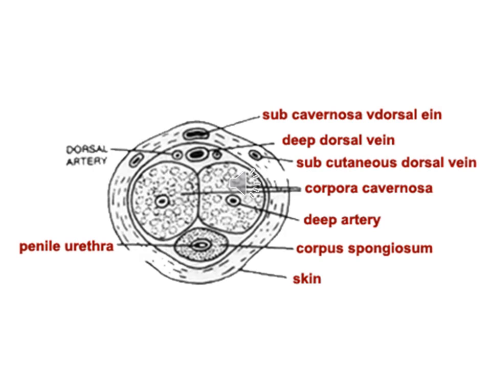The urethra runs through this cord, and it is known as corpus urethrae or corpus spongiosum. So the single unpaired smaller mass of tissue through which the penile urethra runs is known as corpus urethrae or corpus spongiosum.